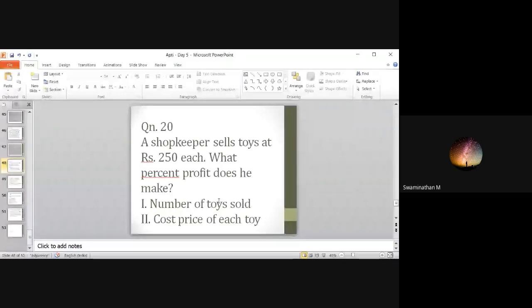But it is profit percent. If you find the profit percent of one toy, it will be the same for everything. So number of toys sold is not needed. If the total profit is asked, you need the first one also. Understood? So two is the answer.